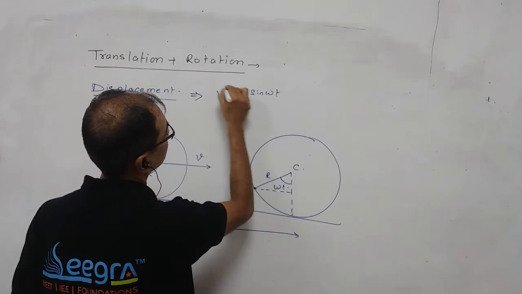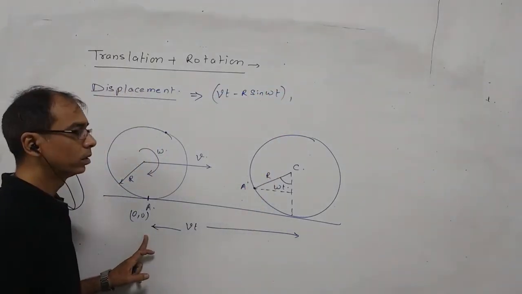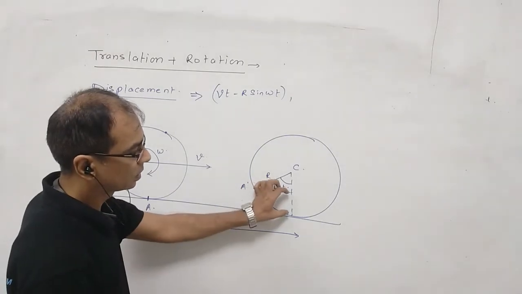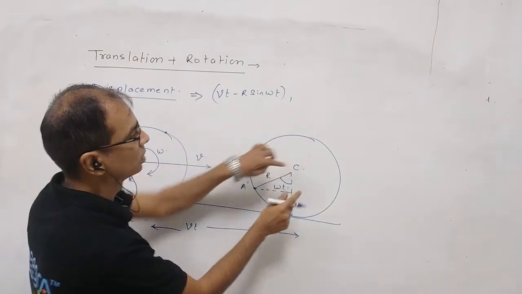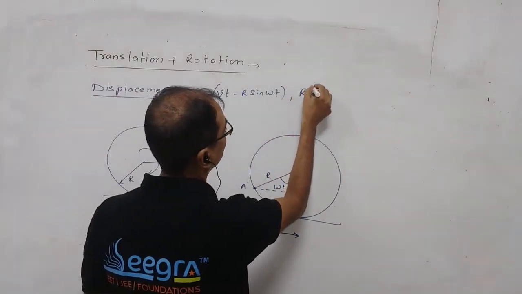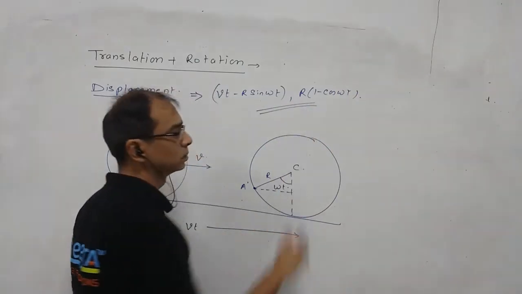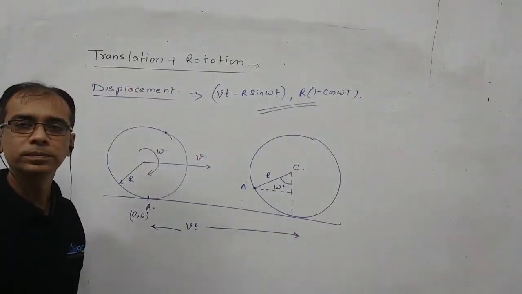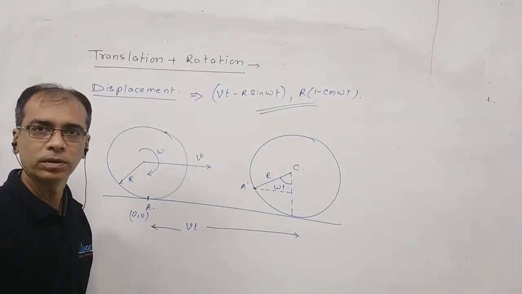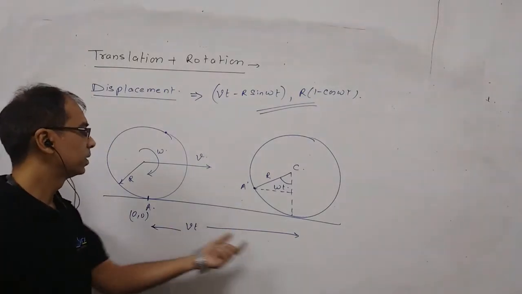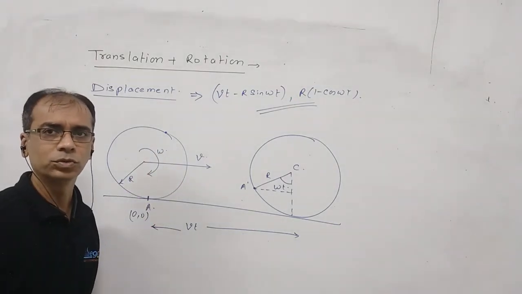For the y coordinate, this is r cos omega t, so the y coordinate is r into 1 minus cos omega t. Very simple. We are able to write the displacement of any particle anywhere. There are no issues with that.